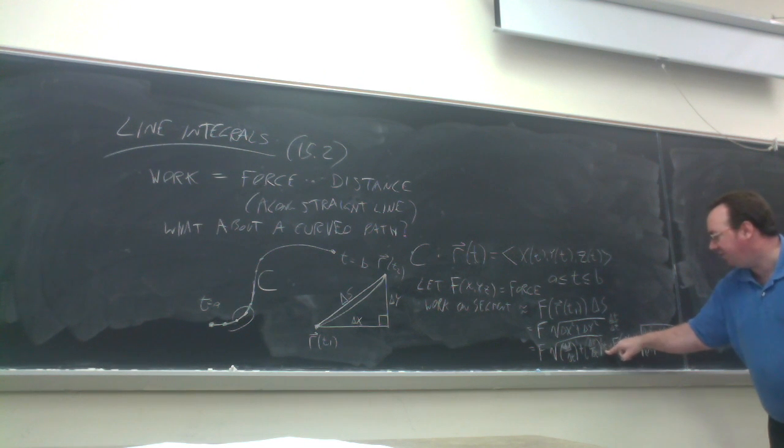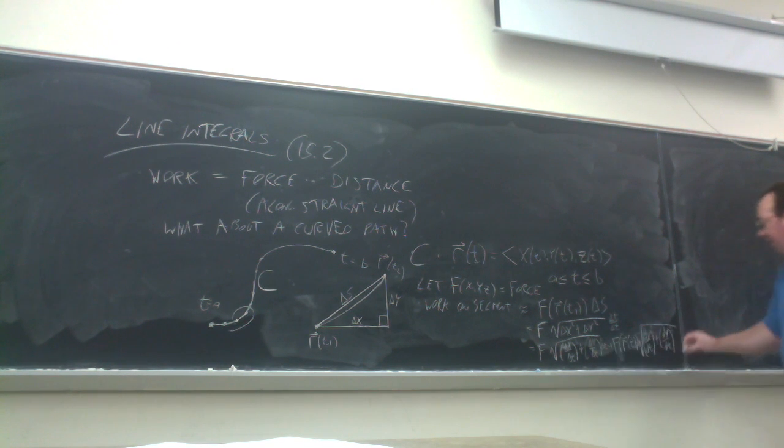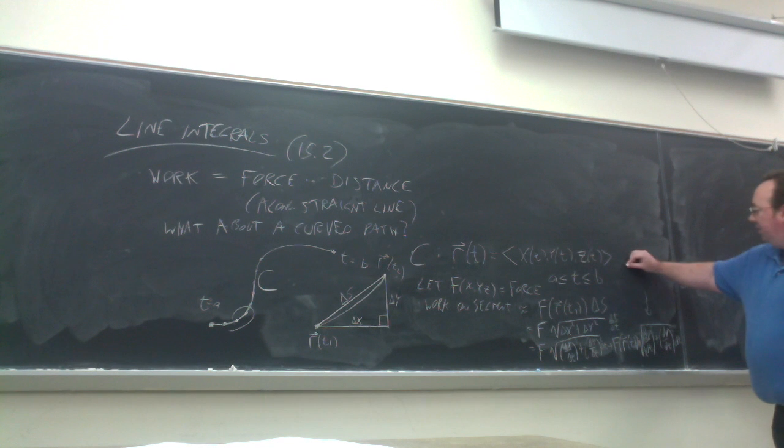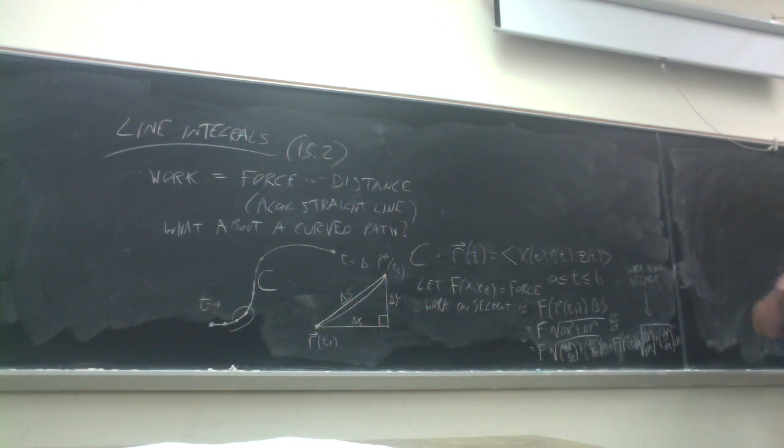there's supposed to be a delta t on the outside of the square root here. So this would be, and again, this is not under the square root. There's a dt here. So that gives me work along one segment. So if I want the work along the entire curve, I'll just be adding these up.